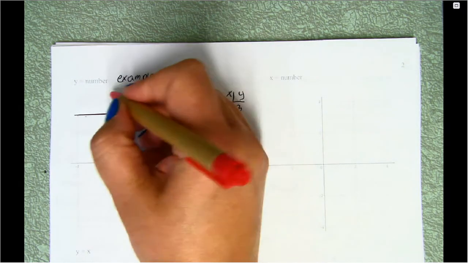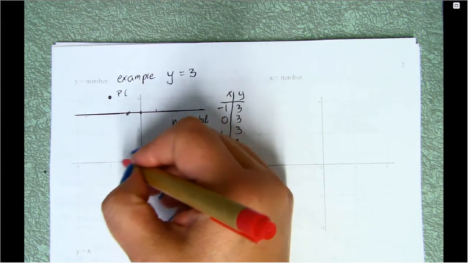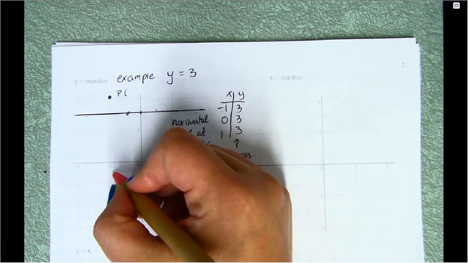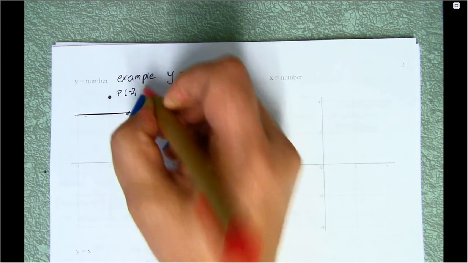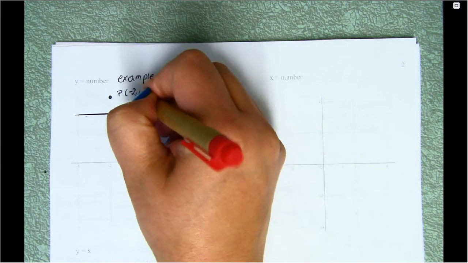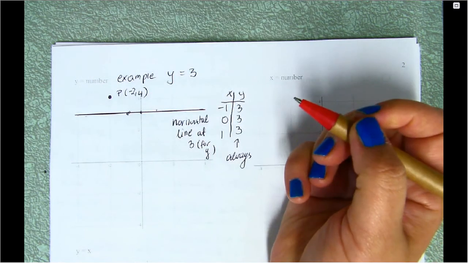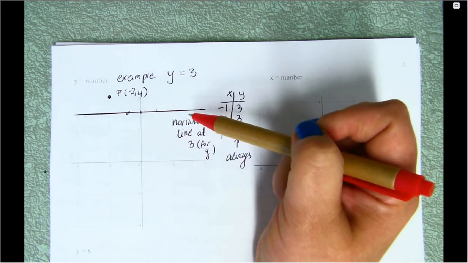Okay, so let's pick a point. Let's say this is the point that I want to reflect. This point is at negative 2 for x and, I don't know if you guys see it, 4 for y. So I want to reflect it over the line. My line of symmetry is horizontal.